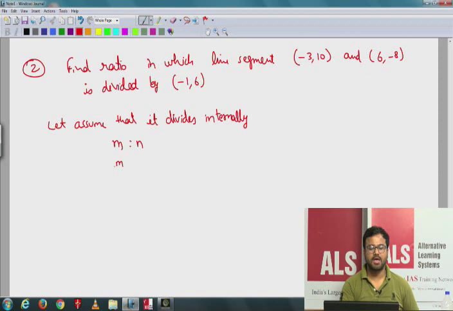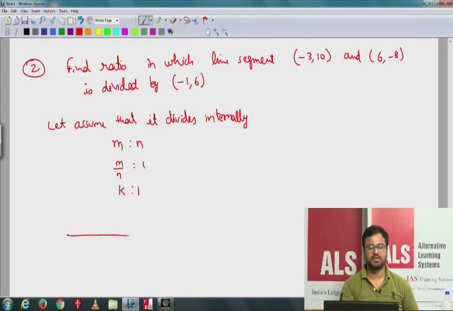So this will become m upon n ratio 1, and this m upon n I will substitute by another variable, k ratio 1. In all the questions in which I have to find the ratio in which the line is getting divided, I will always assume the ratio as k ratio 1 because only one variable would be there. So this is dividing in the ratio k ratio 1.